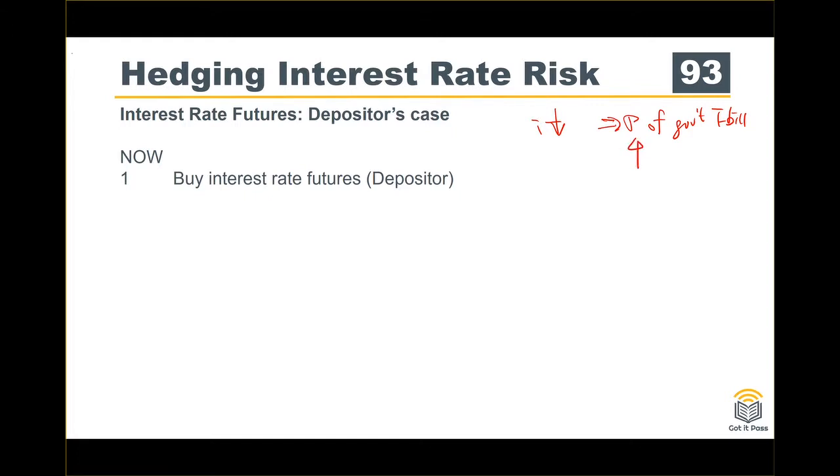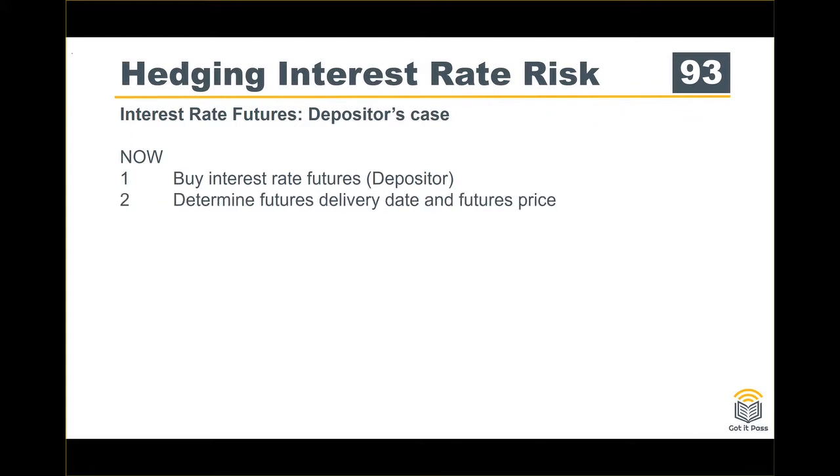So in the futures market, you are buying interest rate futures. If the interest rate is dropping, then the price of the government T-bill will increase, so you're making gain in the futures market to offset your cash position.